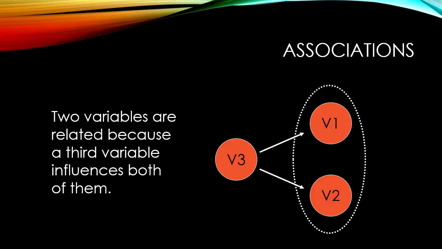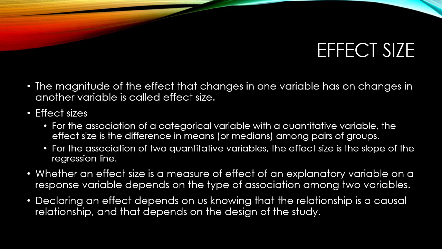There may be a third variable that is causing the relationship between our explanatory and response variable. So when we are estimating effect size, it may not actually be an effect we're estimating, but rather simply an association.